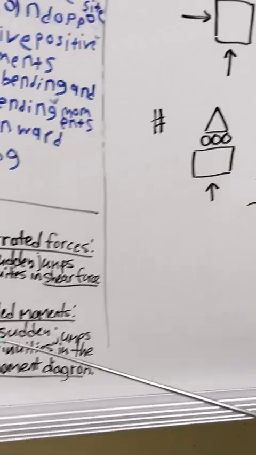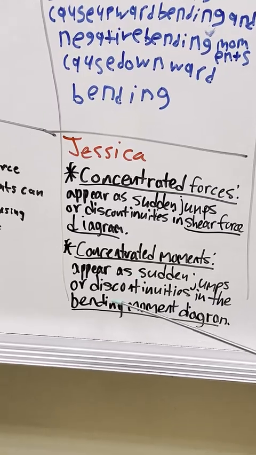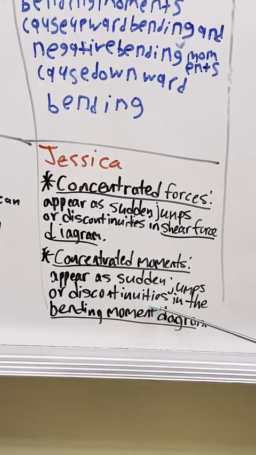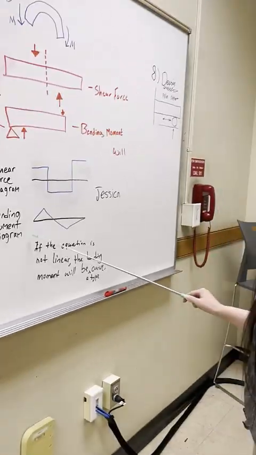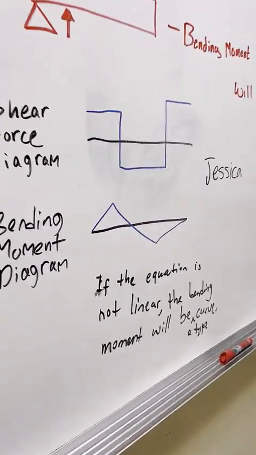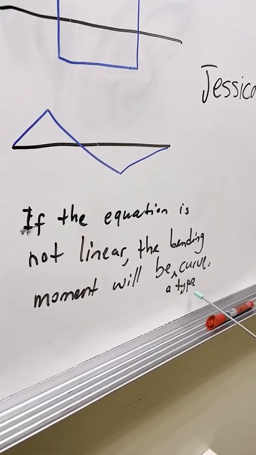And then over here, when concentrated moments are applied, it will appear as sudden discontinuities in the bending moment diagram. So over here is the bending moment diagram, and then you can see there is a bend. And then if the equation is not linear, the bending moment will be a type of curve.